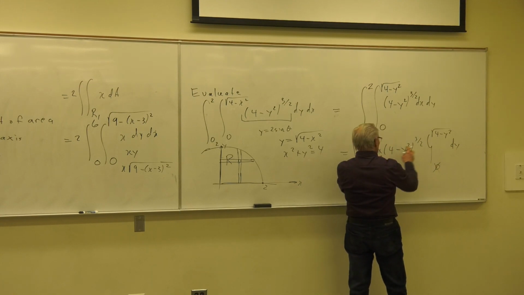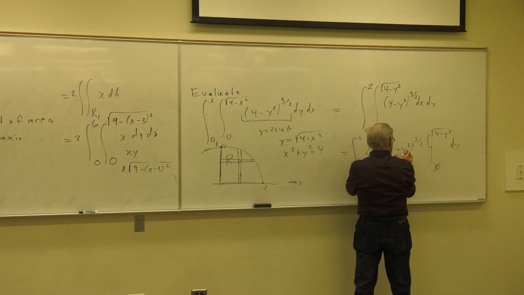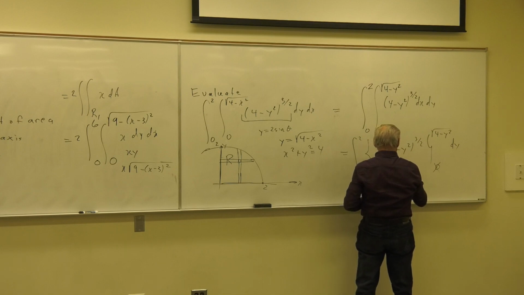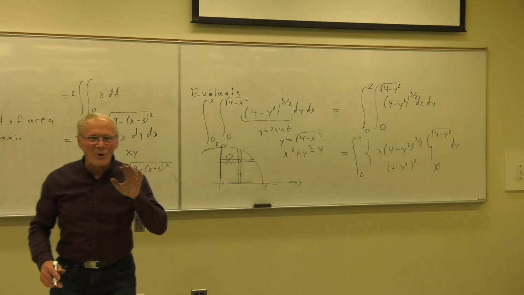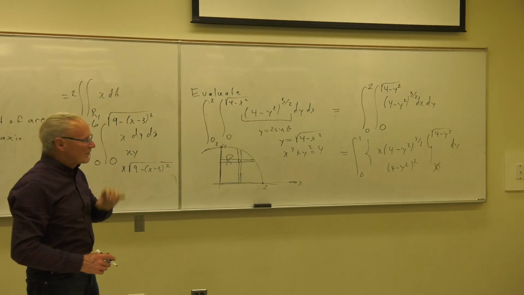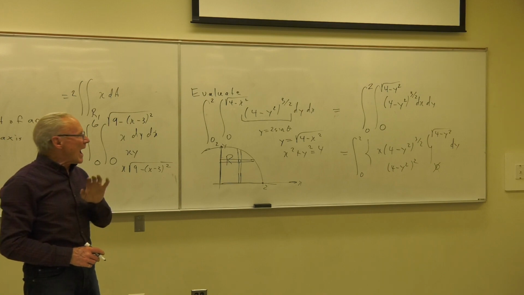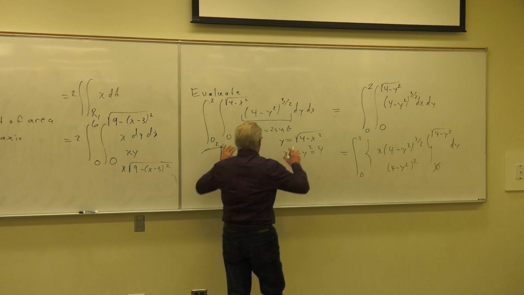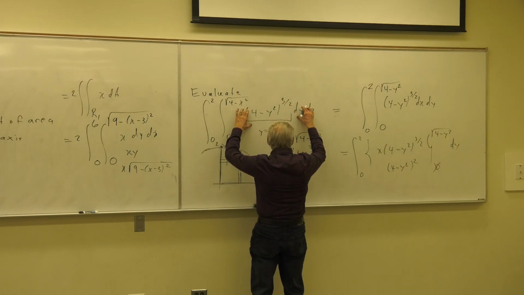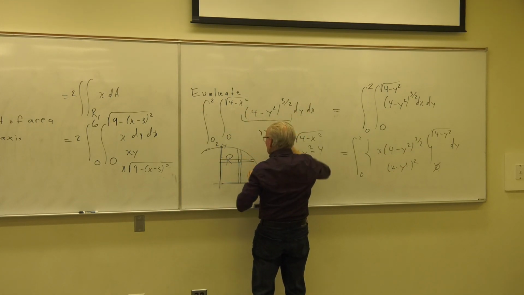And if you put x equal to this, that's the same as this. You're going to end up with (4 minus y squared) squared. I can handle that. So switching the order of integration was a terrific idea. So always realize that that's possible. If you don't like to integrate this with respect to y, consider changing it.